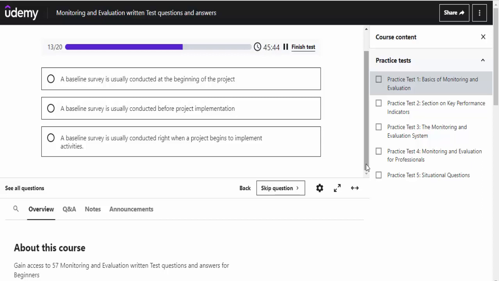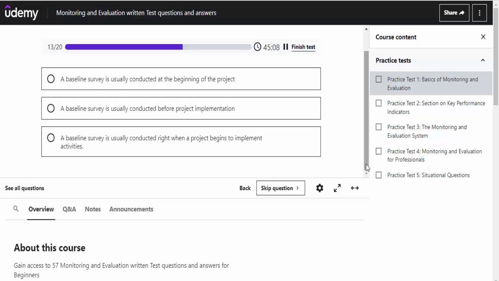Now, the argument that some people will make is that the baseline survey should be conducted at the beginning of the project. The reason you do it at the beginning is that the project has already been developed and has its indicators, so you want to establish the benchmarks of those indicators: what was the situation at the start of the project.